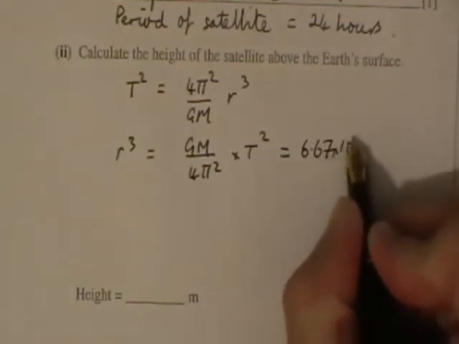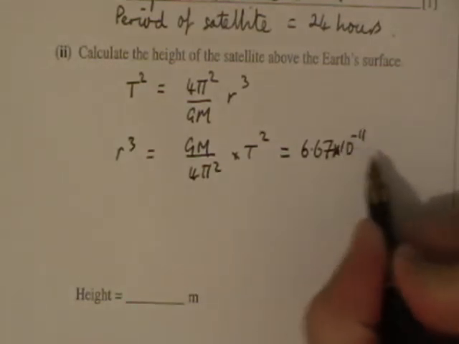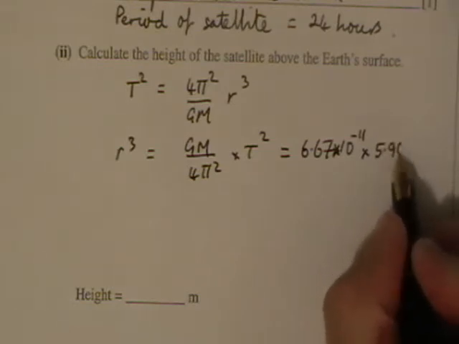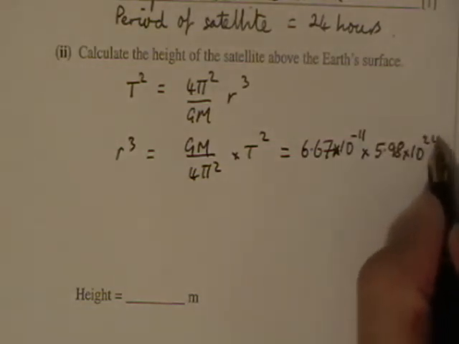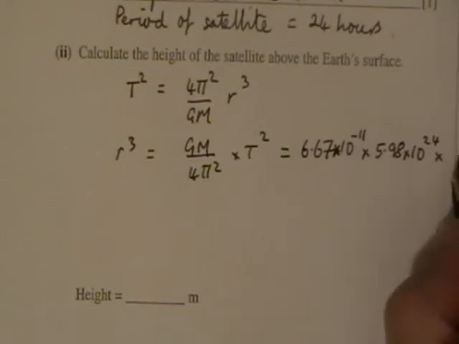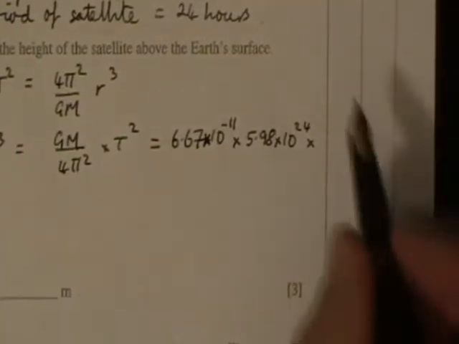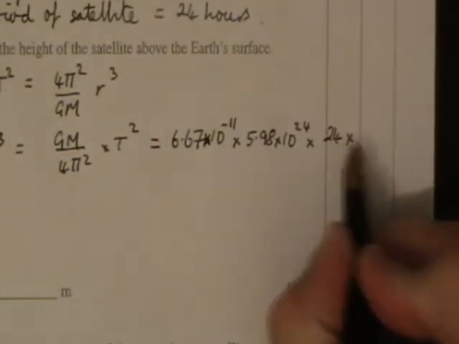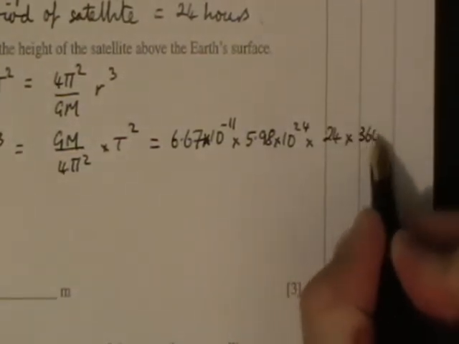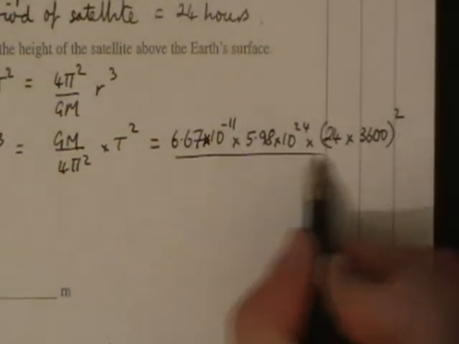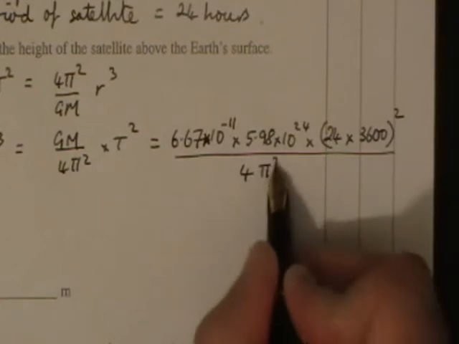So that's equal to 6.67 times 10 to the minus 11 times the mass of the Earth, 5.98 times 10 to the 24, times, okay, and we're going to have to times 24 times 3,600 to change it into seconds, all squared, divided by 4 pi squared.